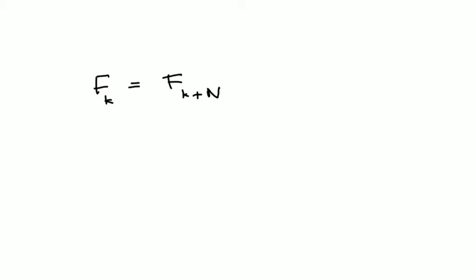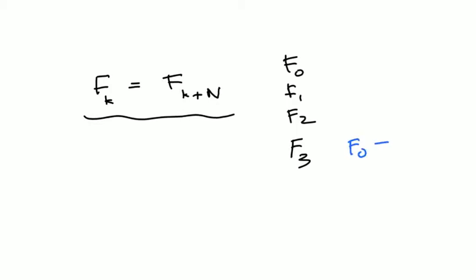But the problem is that I have F0, F1, F2. In the examples that I showed you just now, I have until F3, is it not? Right. Now, what this says is that f0 is equals to f0 plus 4 equals to f4, f1 equals to f5, f2 is equals to f6, right?